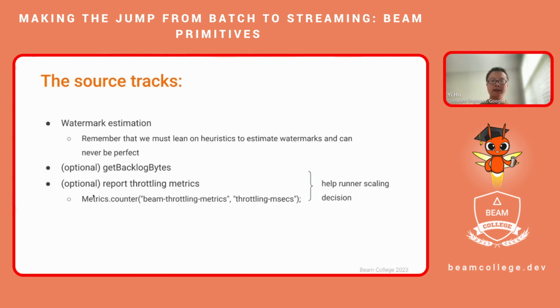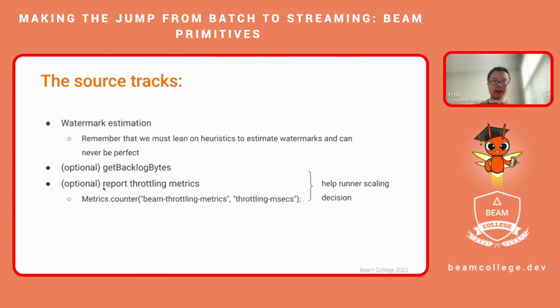On the other hand, the source can report a throttling metric. This is done by using a metrics counter with a dedicated name. This functionality exists in Beam but is not complete, and in the incoming next release it is going to be more complete.